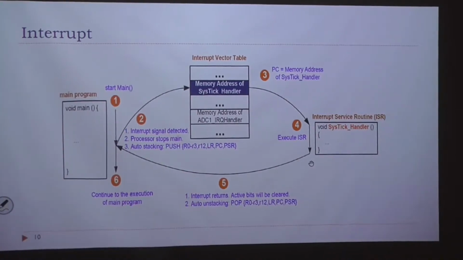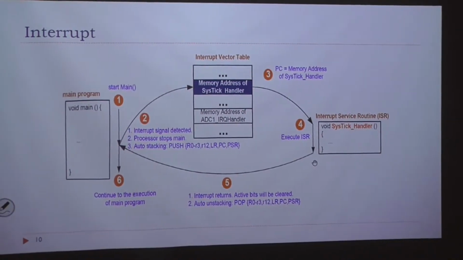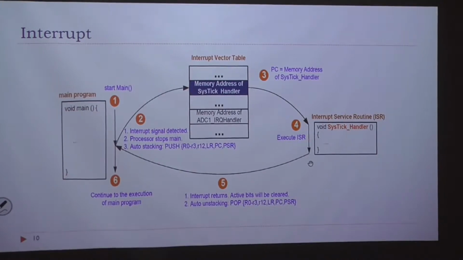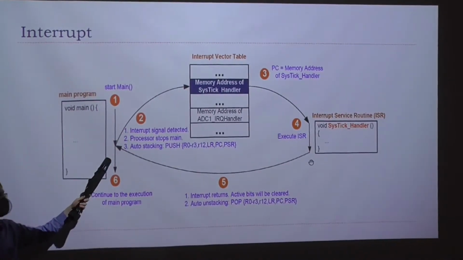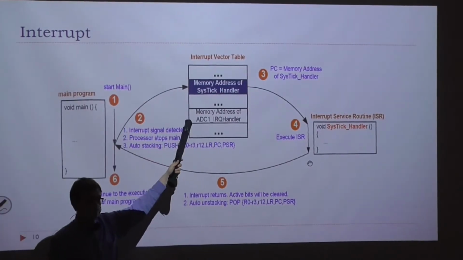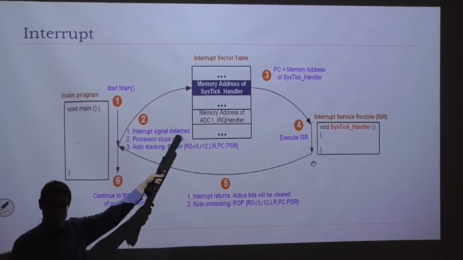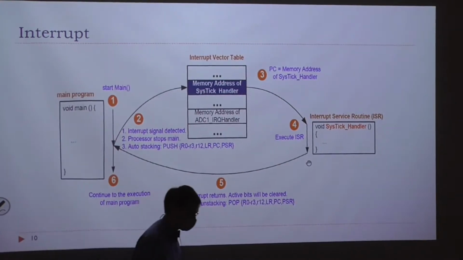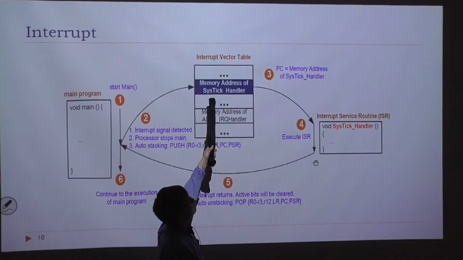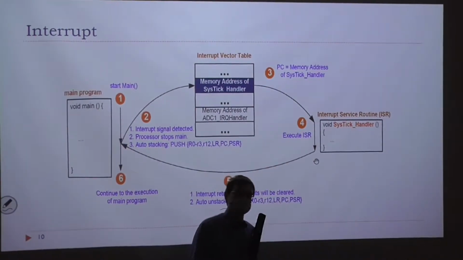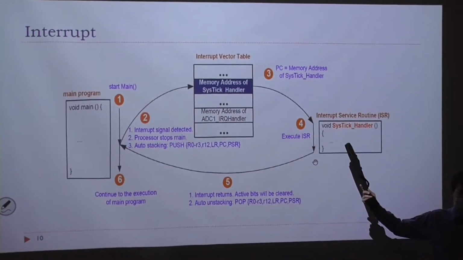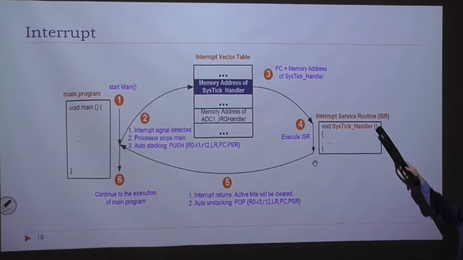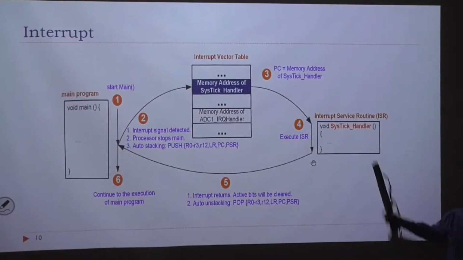Good. So essentially, the current state of the program is saved. We look up the particular interrupt which we have received. We look up the starting address of that interrupt service routine. We load that into the program counter, right? And then we begin executing that code.